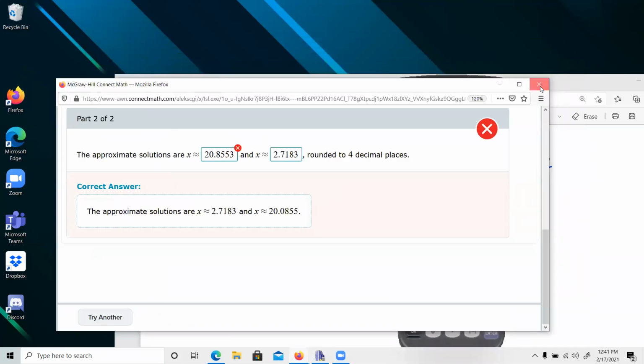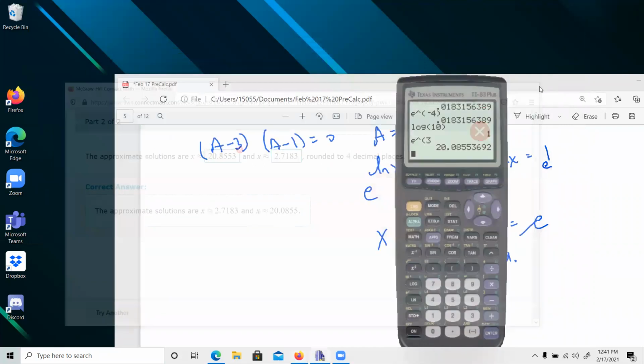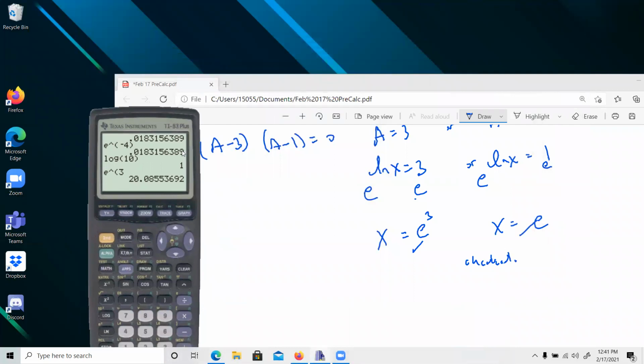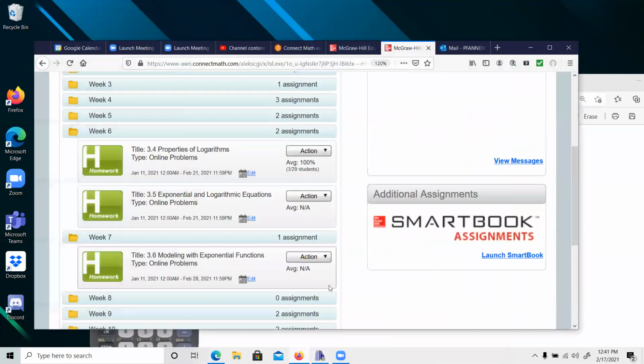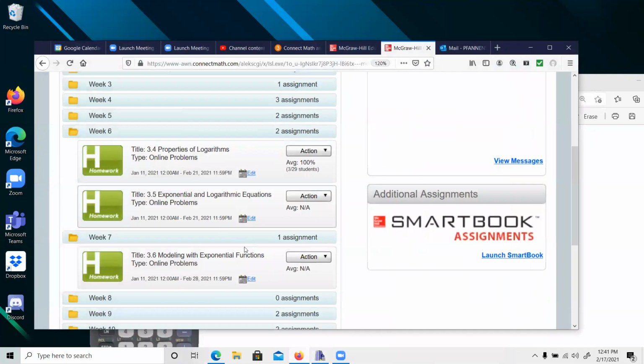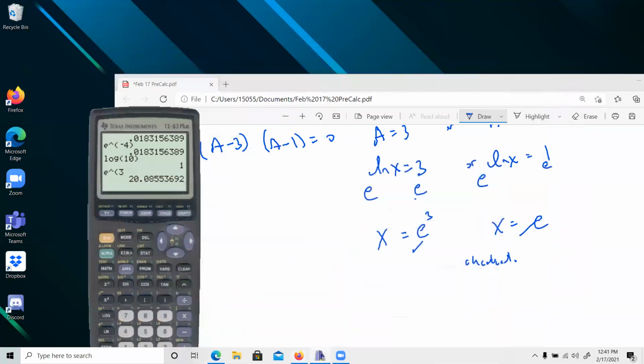All right. By the way, you guys got unlimited attempts at your homework, so I'm not that worried about these mistakes. I'm not happy about it either, but at the same time, we're okay with that.